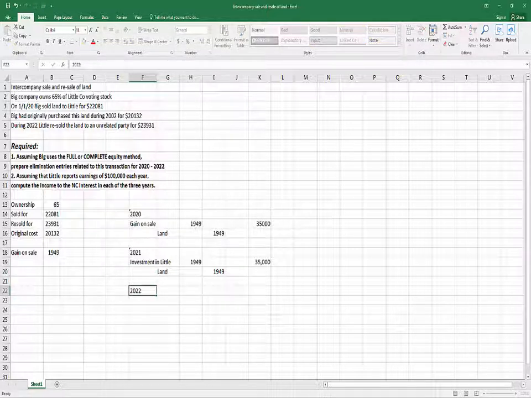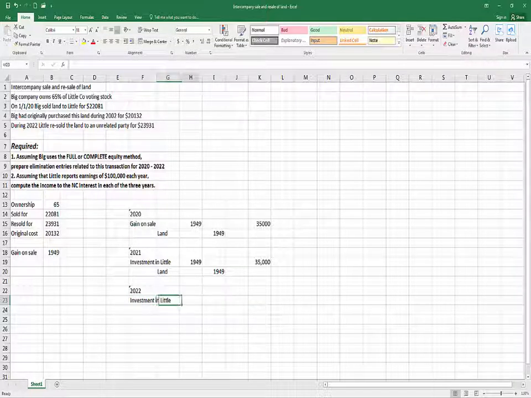In 2022, we have to carry forward that unrealized gain again. But now, since the land is being sold to an unrelated third party, we get to realize that gain which we deferred back in 2020.